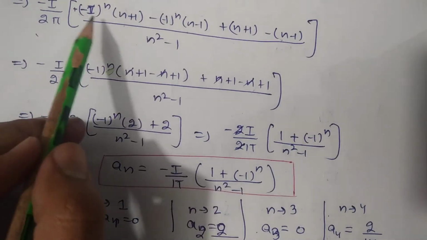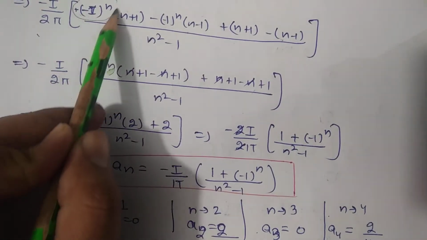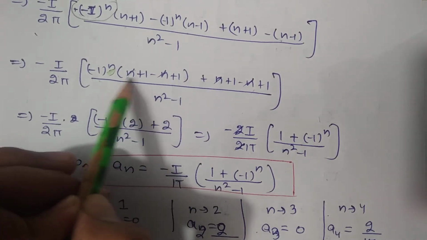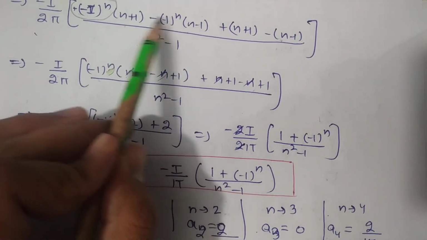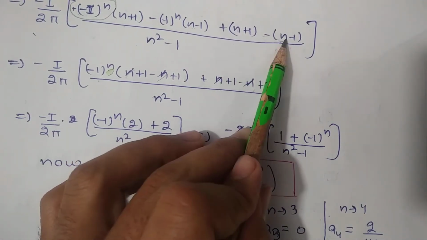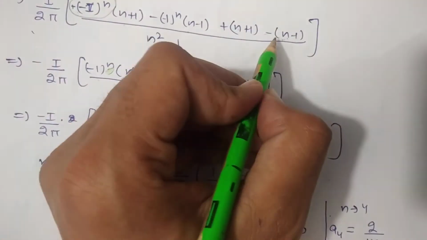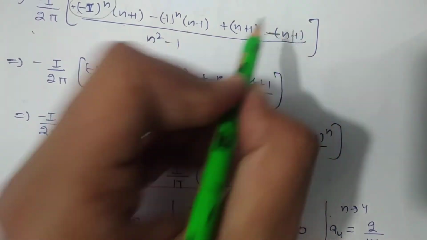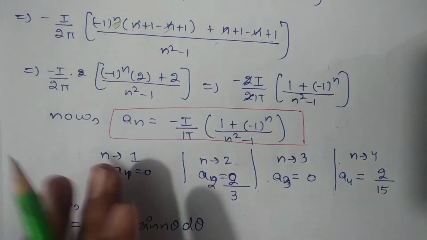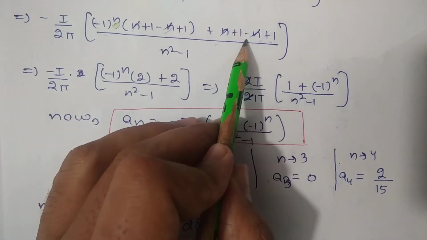Okay, now I am taking (-1)^n common, and inside n+1 and n−1. So n will cancel out n, as this is plus and this is minus, and here also n+1 is minus, if I multiply minus inside, then this term will become minus and this term will become positive. So n will cancel out n, and that value will be 2 only. So here 2 also and here 2 also.